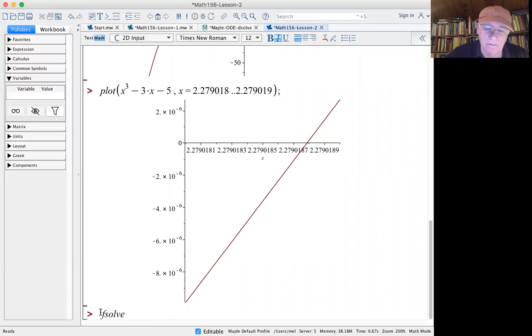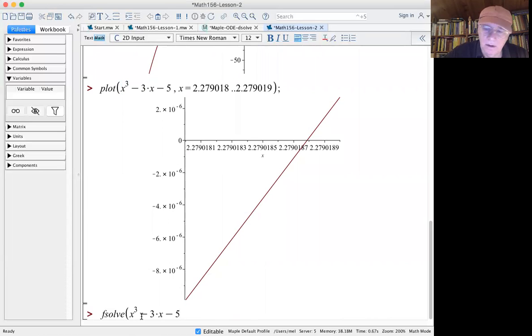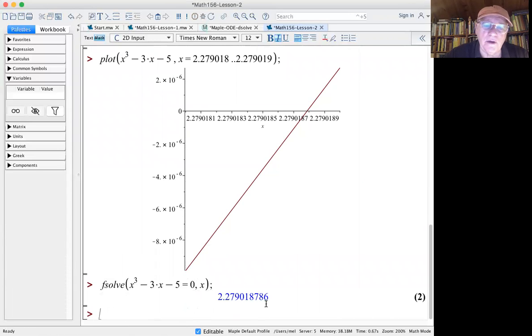So fsolve, solve the equation. This equals 0, comma x, solve for x. So here we get the solution to 10 significant digits, 2.2790187. Yeah, it's consistent.